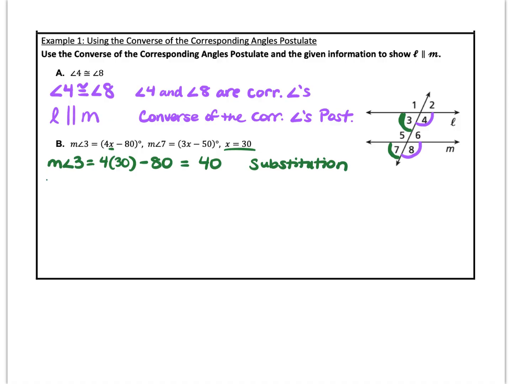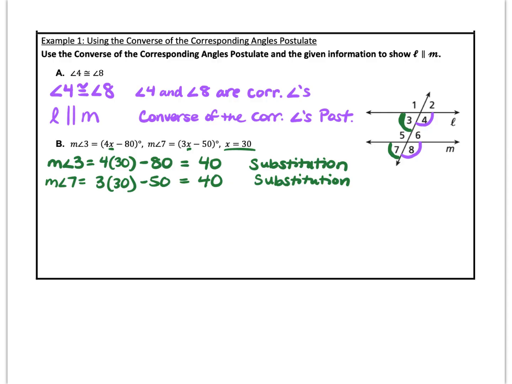Let's do the same for angle 7. The measure of angle 7 is 3x minus 50, so that's 3 times 30 minus 50, and if you simplify that all out, you also end up with 40. Again, I used substitution. Well, now notice that both of these match up.